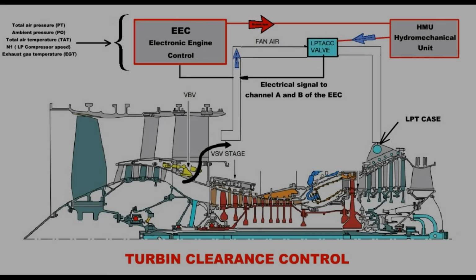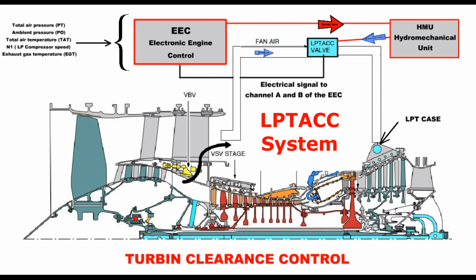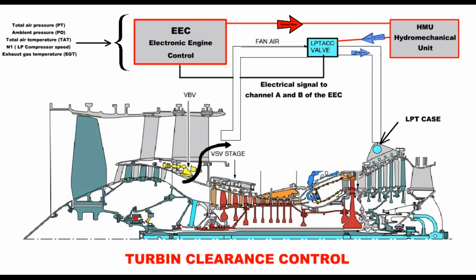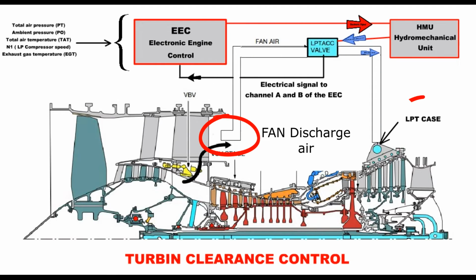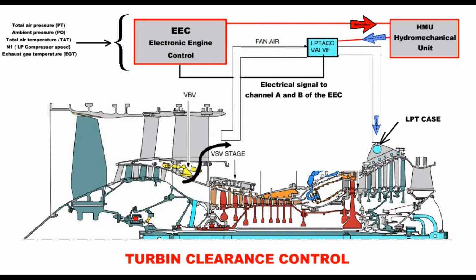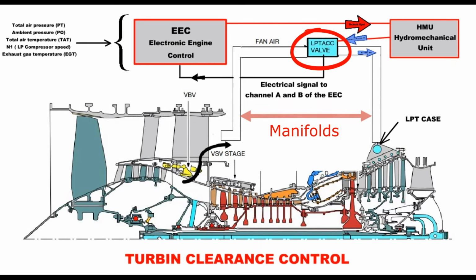The low-pressure turbine active clearance control system works similarly to the high-pressure turbine active clearance control system. The difference of the low-pressure turbine active clearance control system is that it uses fan discharge air and cools the low-pressure turbine case section. The low-pressure turbine active clearance control system consists of 3 parts: valve, air duct, and manifold.